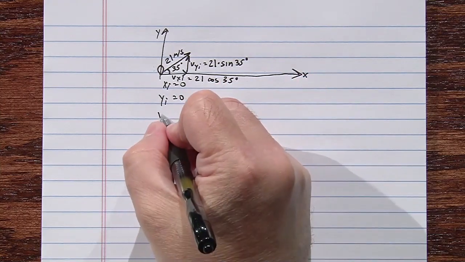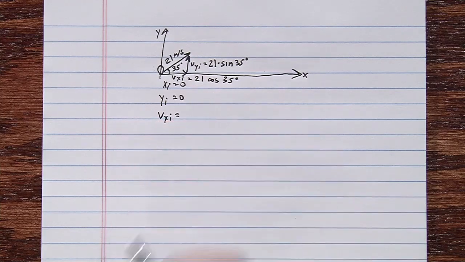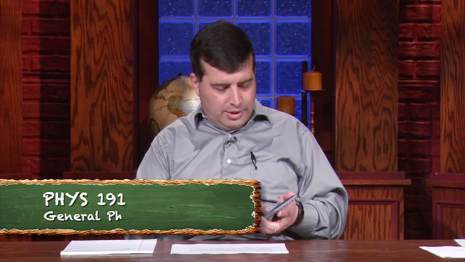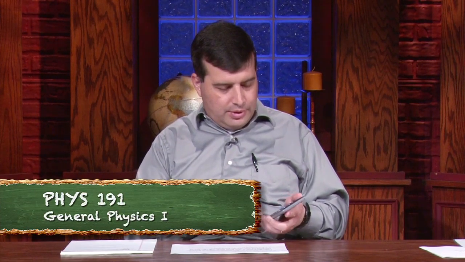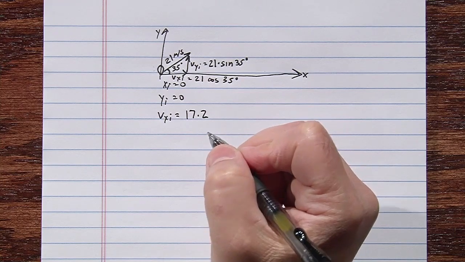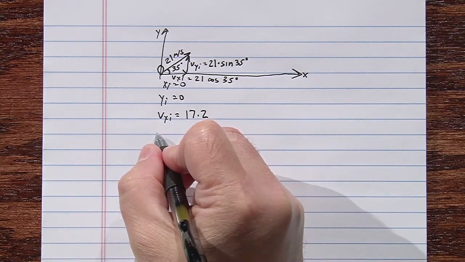So Vx initial is equal to 21 times the cosine of 35, which is 17.2 meters per second.